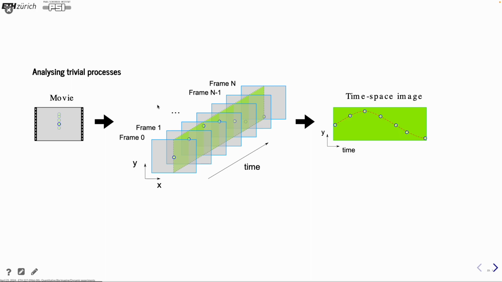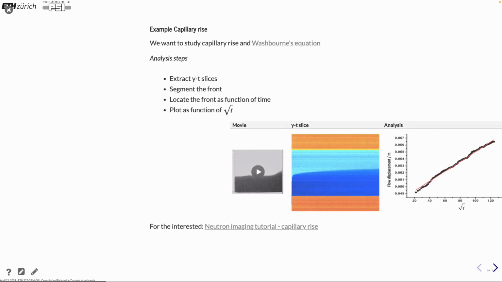And then it's also easier to do the tracking. But this is only for the trivial processes where you have very well identified objects that are not moving too much sideways. But it's a commonly used approach to look at these data.